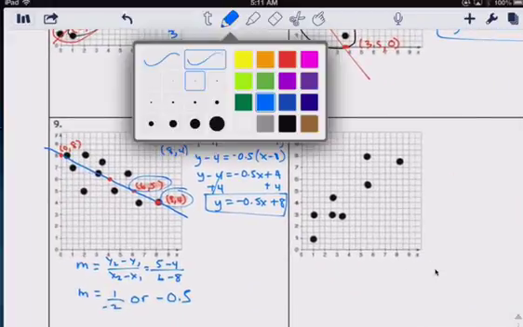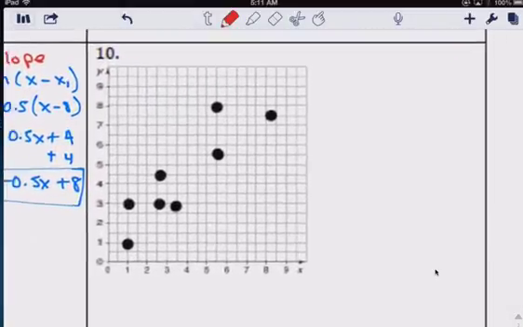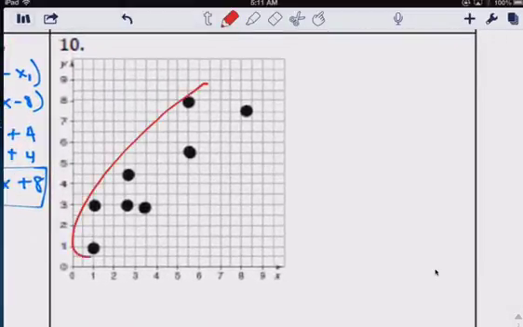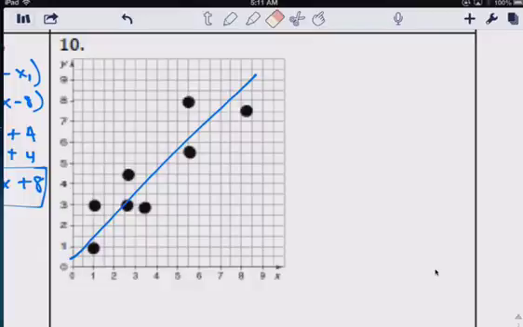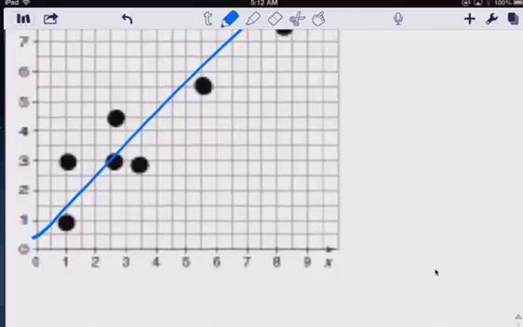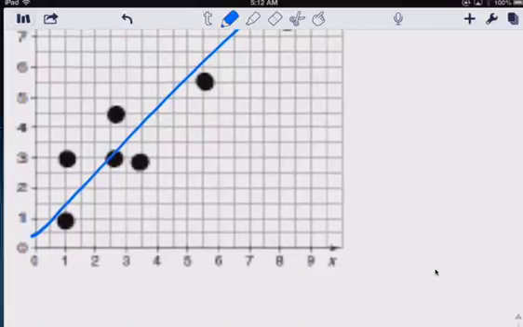Same thing for the next problem. Right here. Circle it. Okay, no, that's not quite half. Right there is good enough. This is called line of best fit. Okay, choose 2 points.